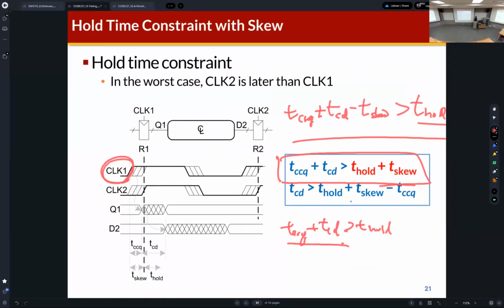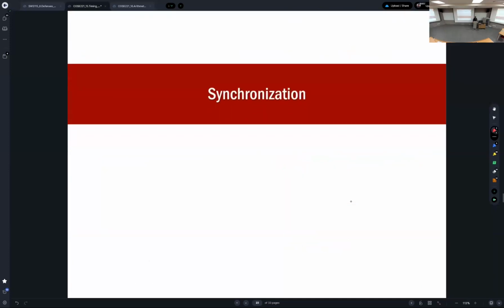Hold time is the same, so we need to consider the worst case, right? When we consider the hold time constraint, the clock skew is added to the hold time. Okay, those are what we learned in the previous lecture.